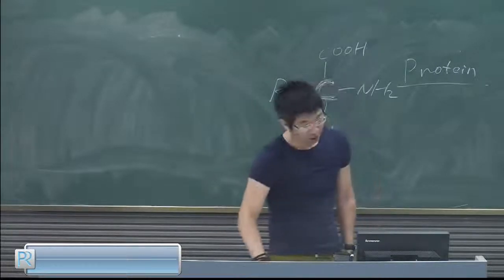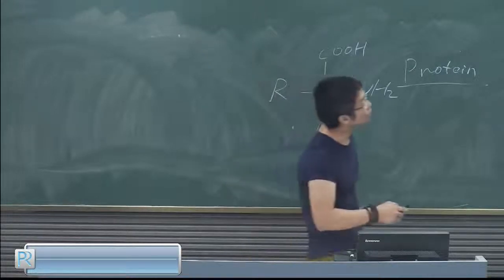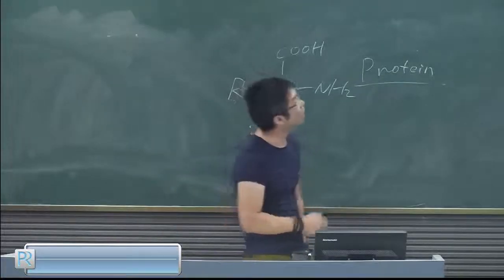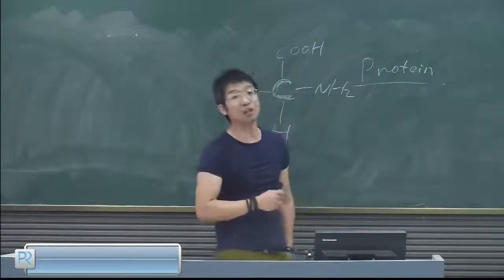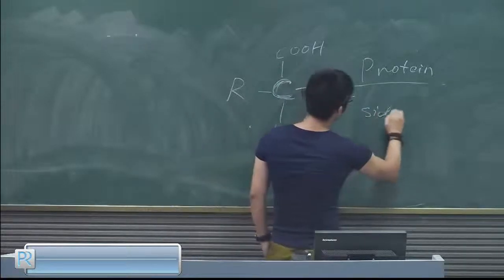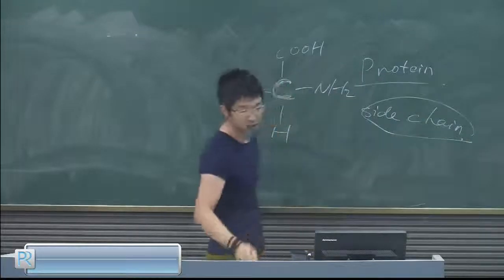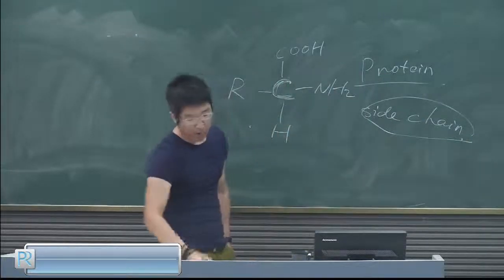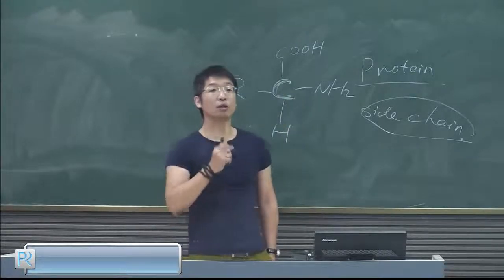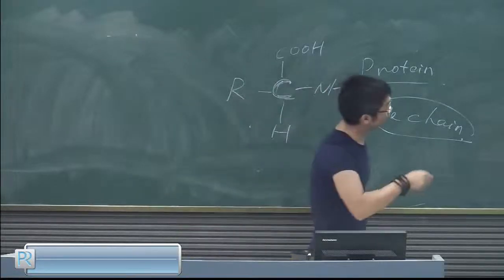So here you can see the keywords for the amino acids are the alpha carbon atom, and the R group, which is also the side chain. Based on the different R groups, we can name the 20 standard amino acids like this.